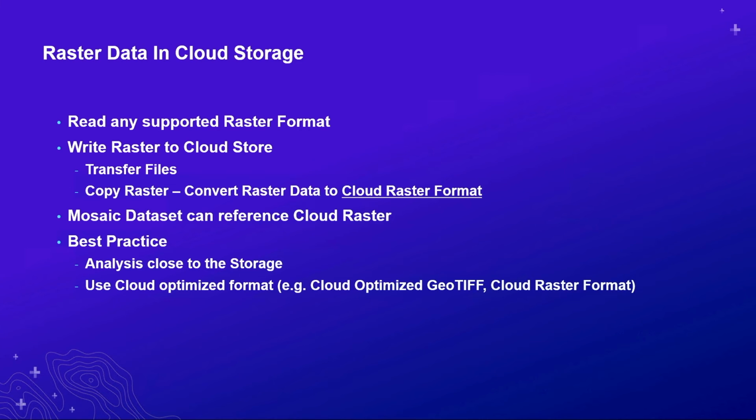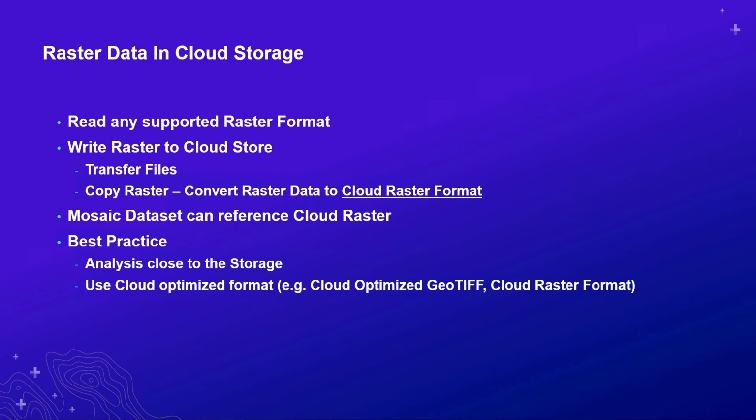The Mosaic dataset can also reference cloud raster. The best practice to manage raster data in the cloud store is, if you want to perform analysis on the raster data in the cloud store, you have to bring your analysis close to the storage.